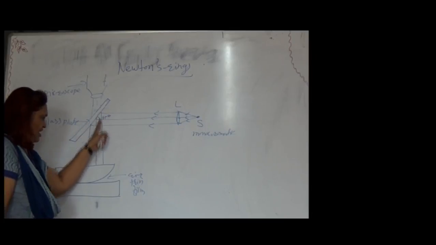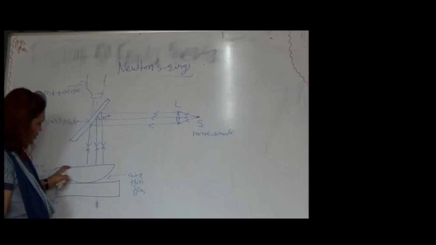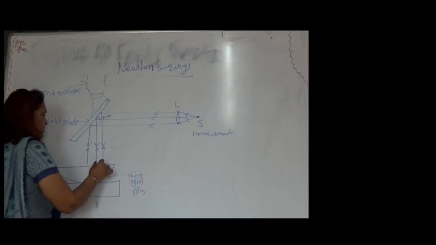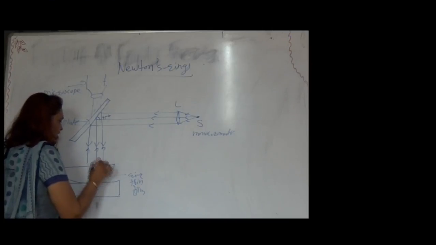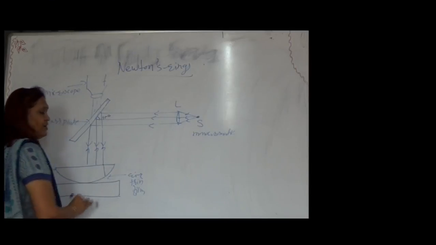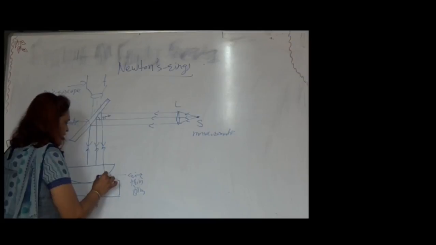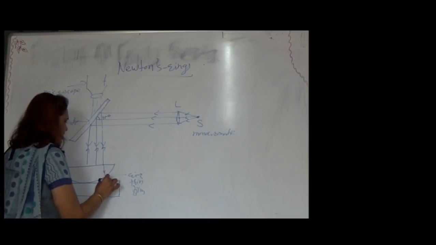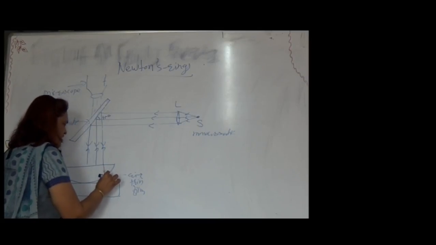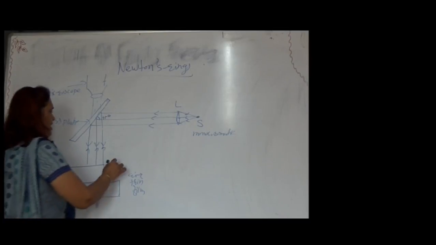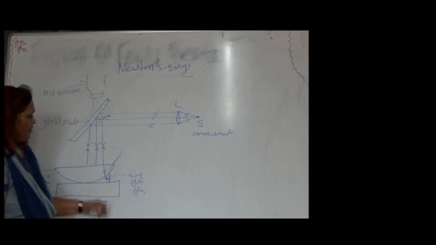Reflected rays are incident exactly normal to this plano-convex lens, and here these rays are again refracted in the plano-convex lens. Again reflection takes place, multiple reflection in the film takes place, and again refraction, and the rays emerge out.